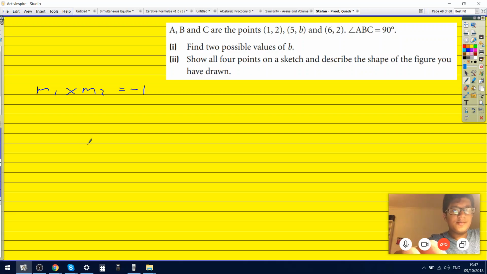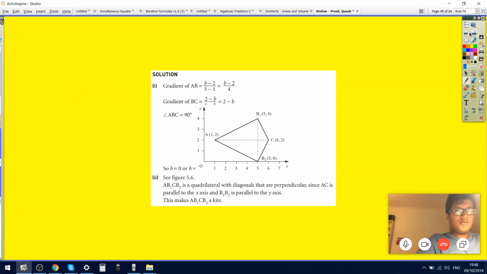You know that about perpendicular lines? So you would find the gradient of the first two points, then the gradient of the second two, multiply them together, make it equal to minus 1 and solve that. It would be much quicker. Anyway, sorry about that. Any questions about that previous one?